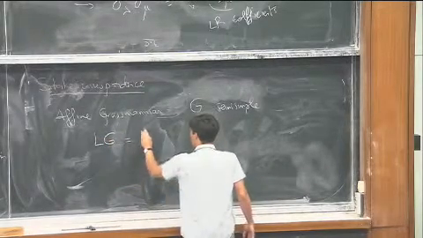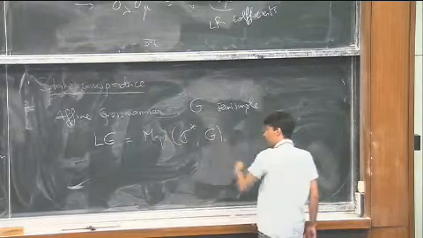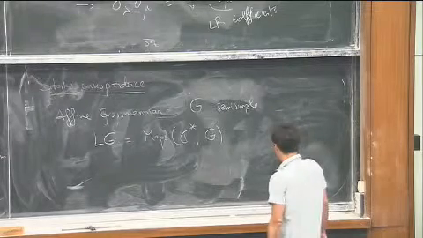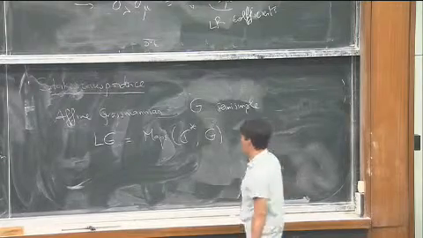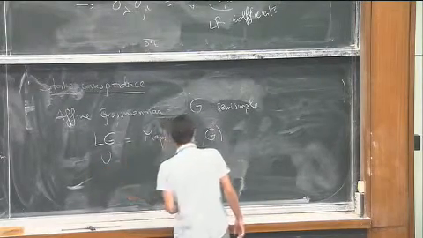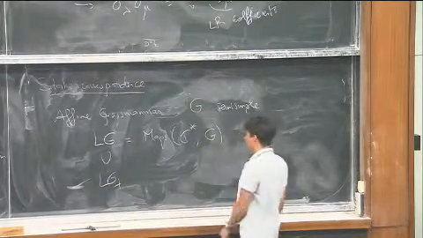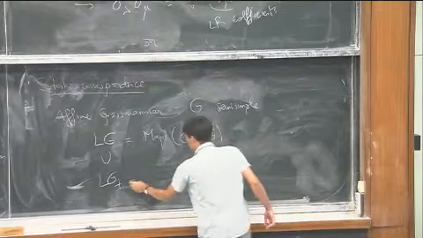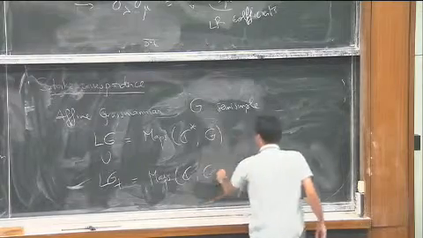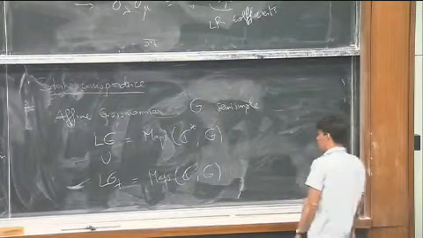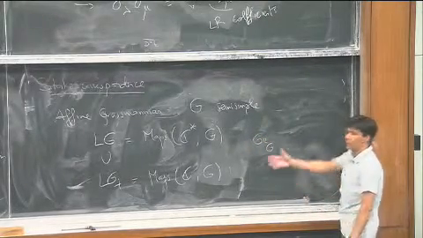I will take LG as the space of maps from C star to G. Okay, so this is naturally a group, infinite dimensional, and it contains the maps that extend to C. And you can think of the affine Grassmannian as the quotient.